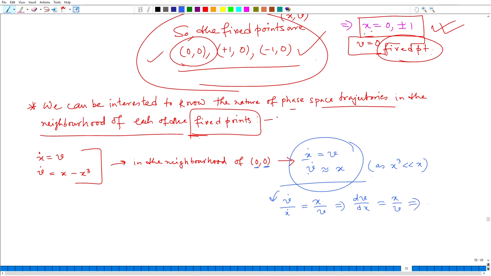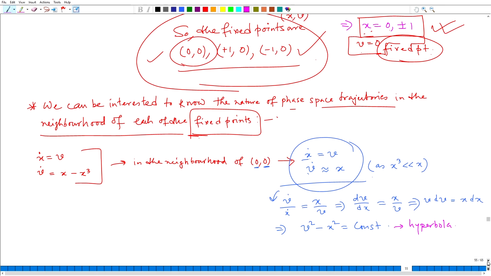This is also another method by which you can find the phase space trajectories. Okay. So, you will have v dv is equal to x dx, and you will finally have that v square minus x square is equal to some constant. Okay. So, it will be a hyperbola.